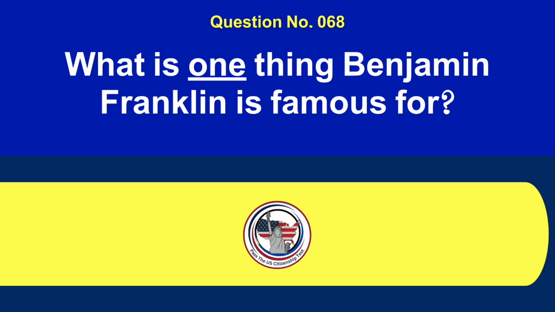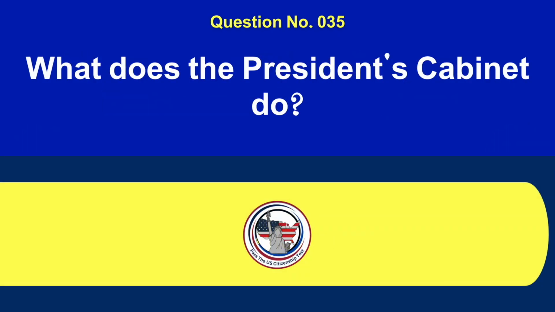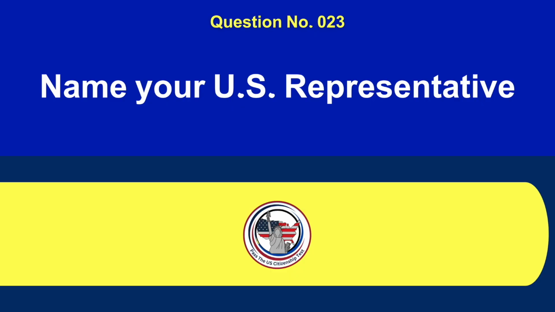What is one thing Benjamin Franklin is famous for? U.S. diplomat. What does the President's Cabinet do? Advises the President. Name your U.S. representative.